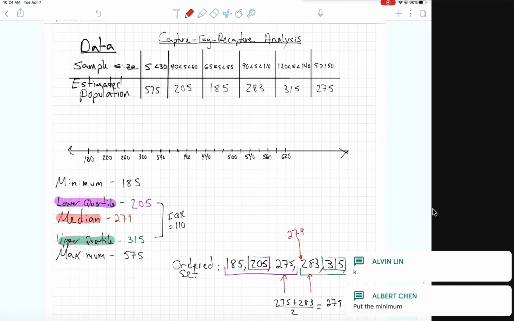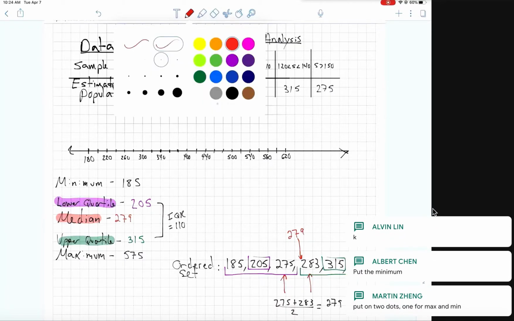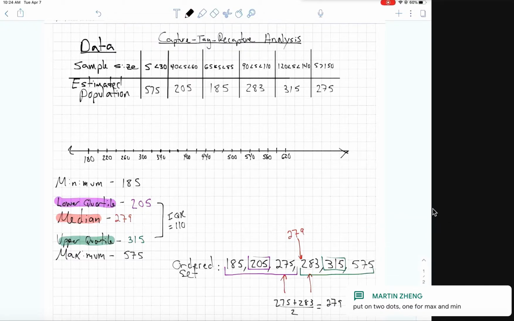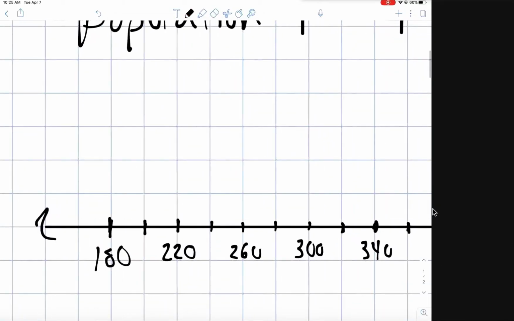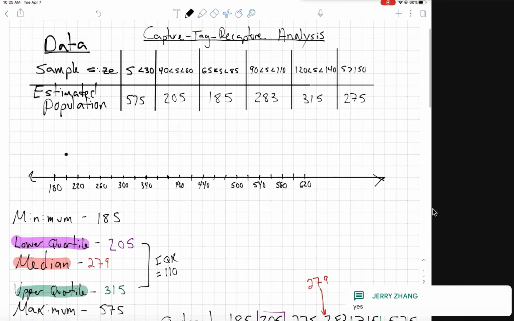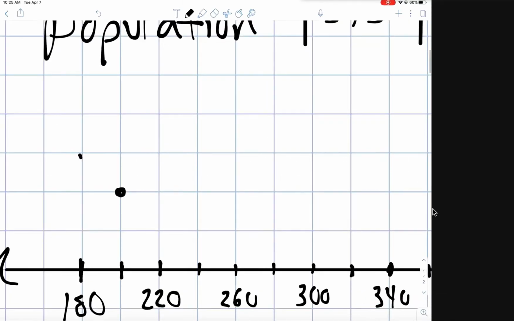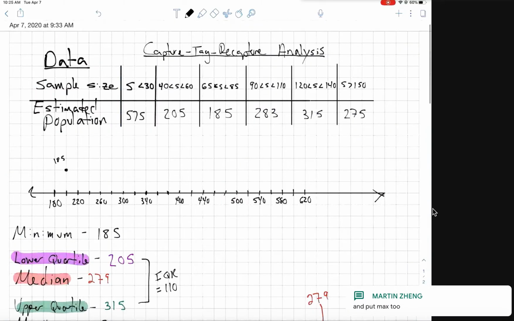Put the minimum. Okay, we'll put the minimum down. The minimum was 185. Put the maximum, 575.